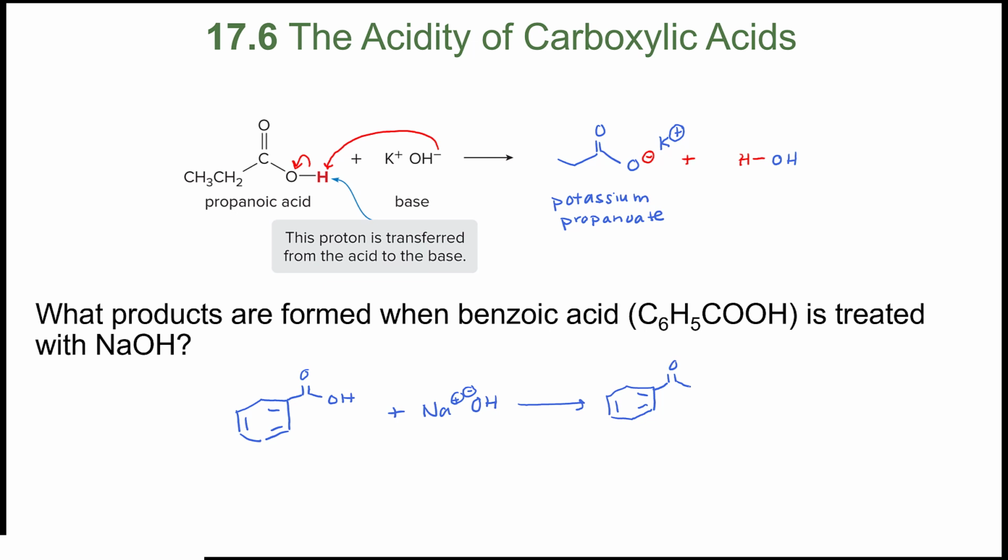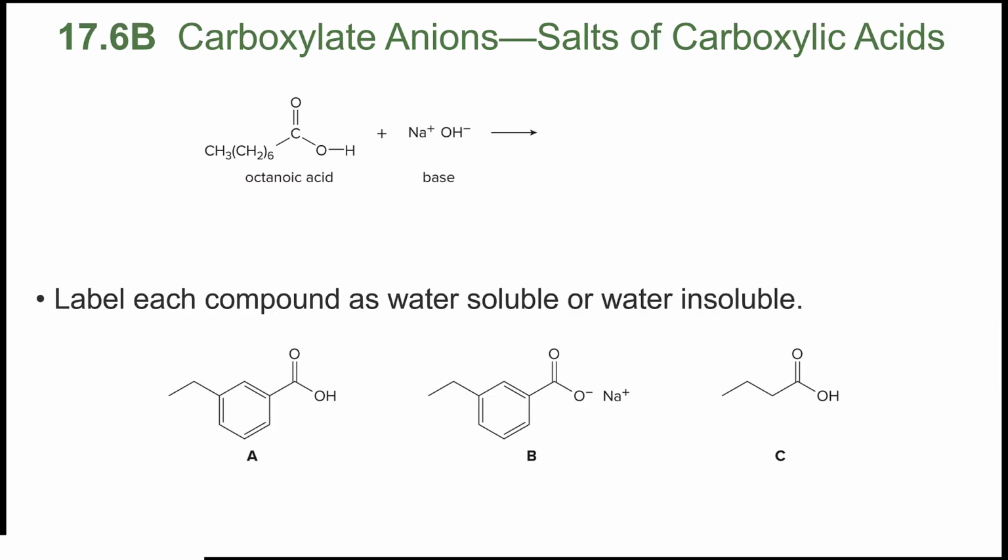So the carboxylic acid will lose its proton and become the anion, which will counterbalance with the sodium ion. And then we have the OH from the sodium hydroxide, which paired up with the hydrogen from the carboxylic acid. Carboxylate anions are salts of carboxylic acid.